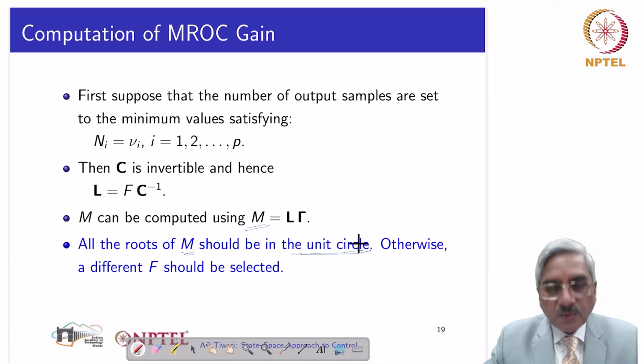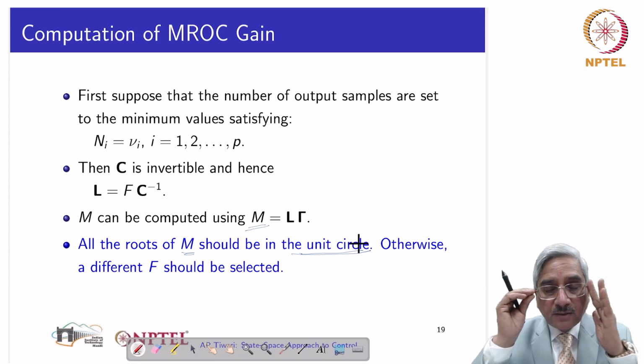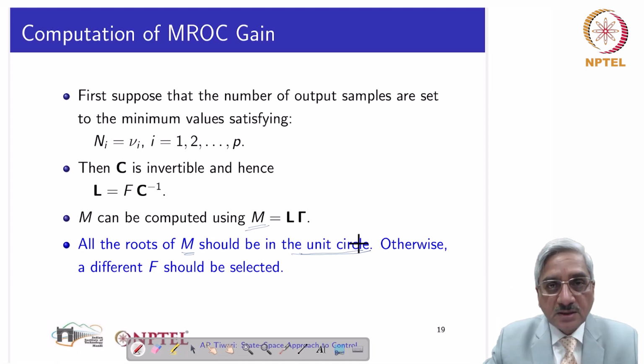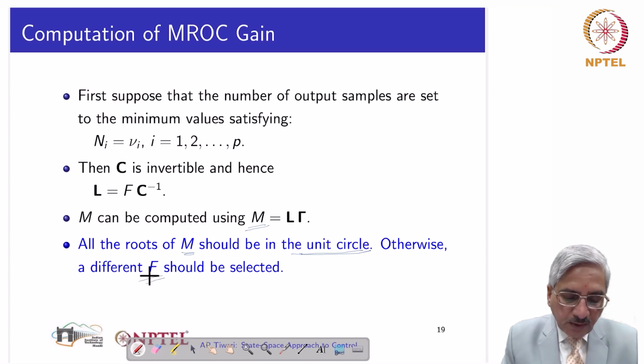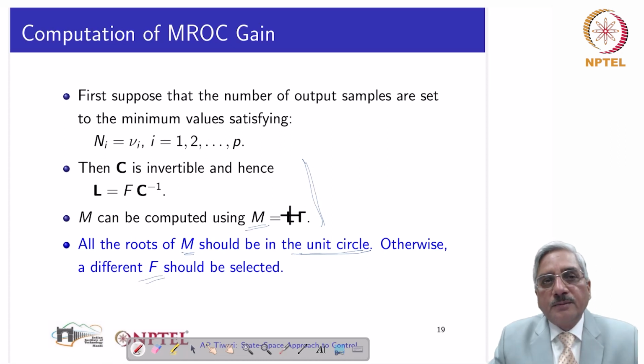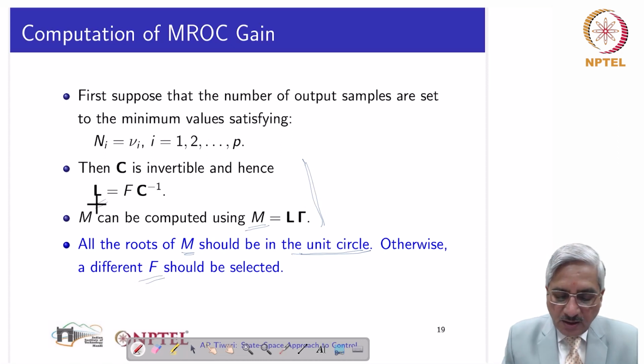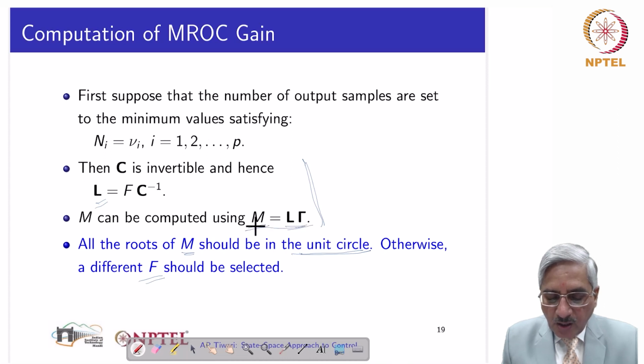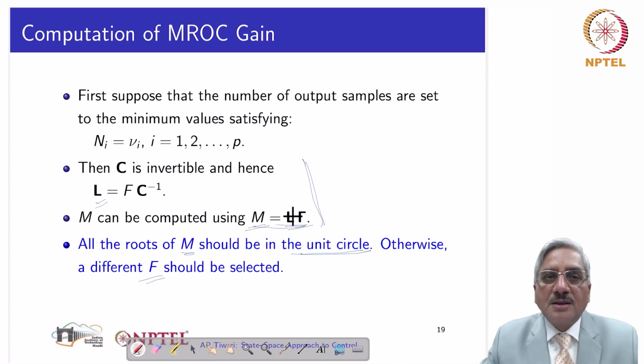If M doesn't have its eigenvalues within the unit circle, then we have to choose a different F, and we have to redo the whole thing till both conditions are satisfied, that L is obtained and this M obtained like this is a stable matrix.